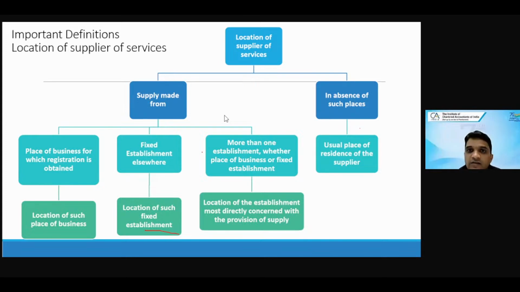Why is this relevant? Because if there is some person who is not registered and he has to pay GST, to determine which state it will go to, the location of supplier is important. If he is registered, that will be the location of supplier. If he is not registered, his usual place of residence will become the location of the supplier.